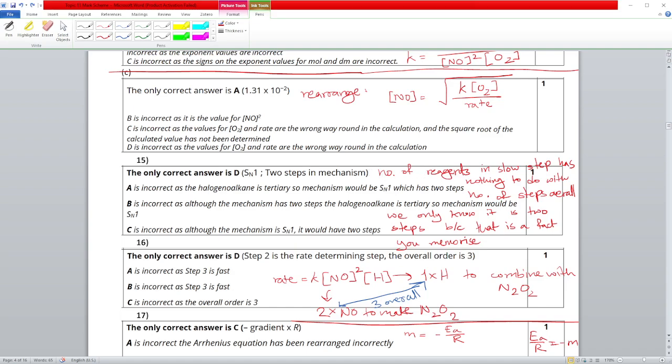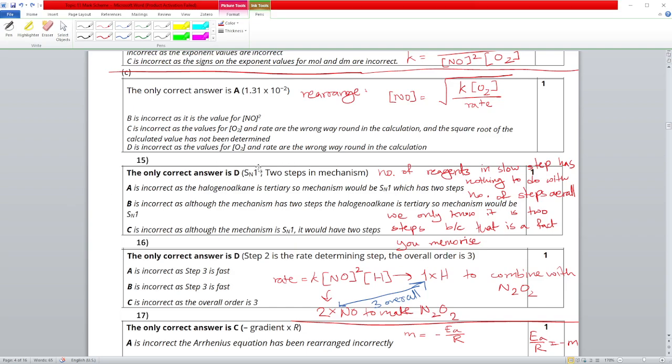This one is, once again, SN1. Here it's important to remember the 1 in SN1 is just telling you information about the slow step. What it is not giving you is any information on how many steps there are in total. We know that it has 2 steps because this is a reaction we study. We spend time learning about the number of steps involved in halogenoalkane nucleophilic substitution.